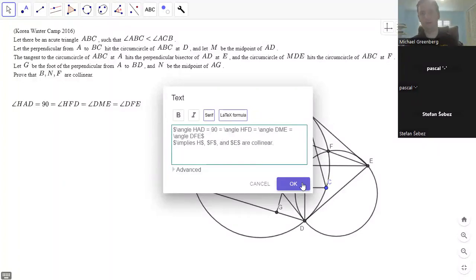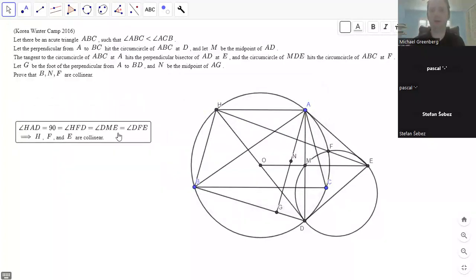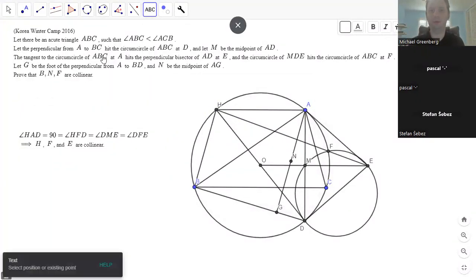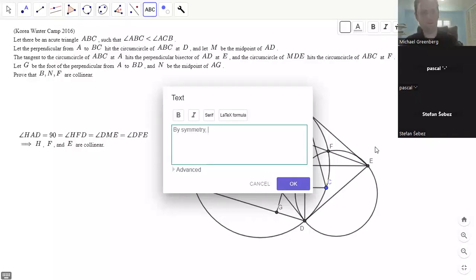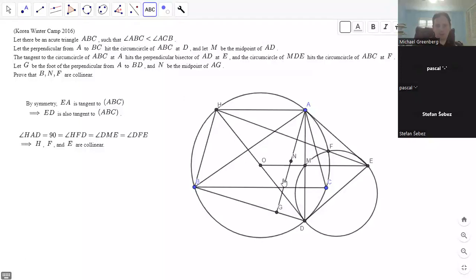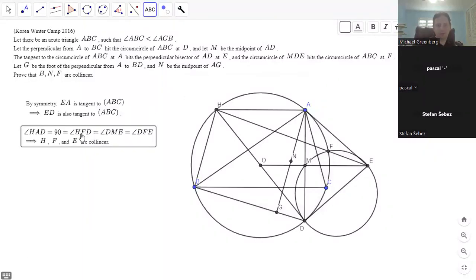I'm going to want to put up top by symmetry, since EA is tangent, ED is tangent. And then this implies that HAFD is harmonic.